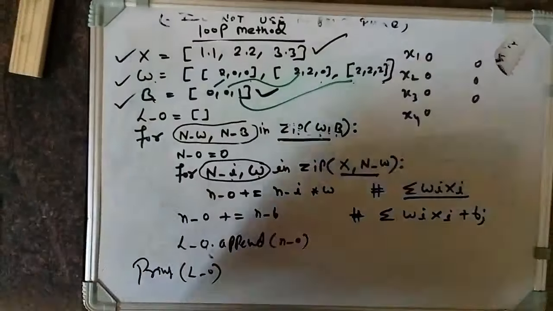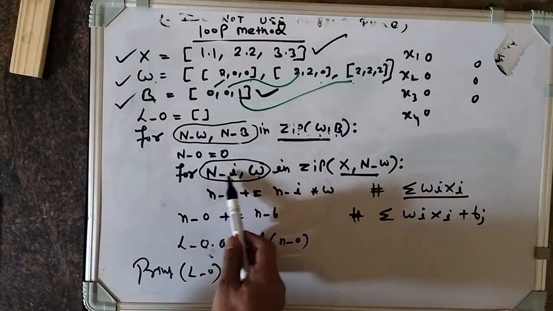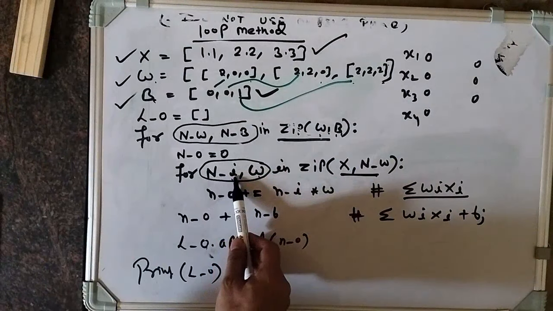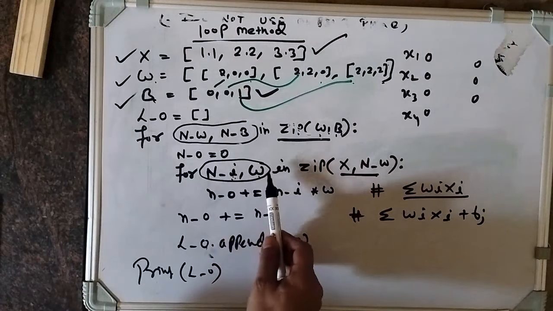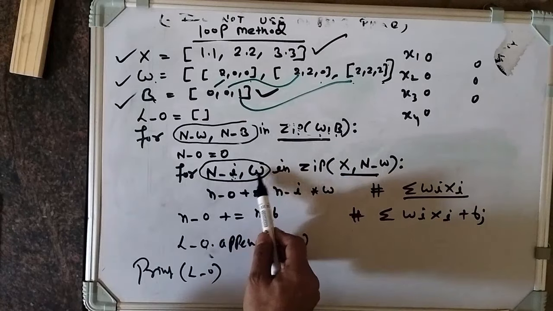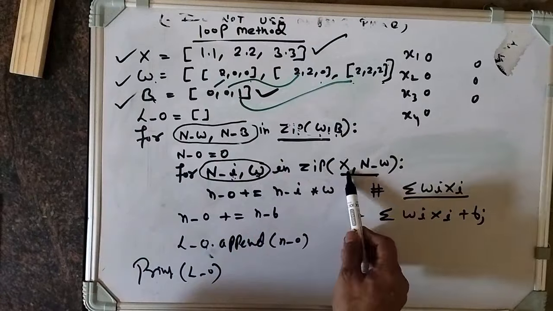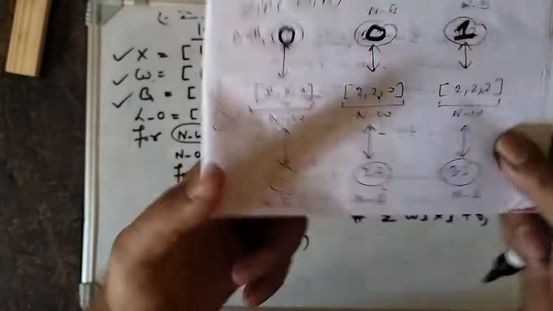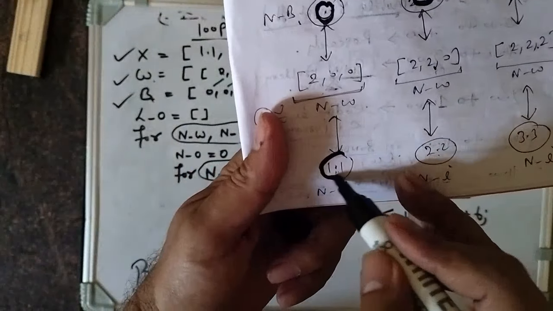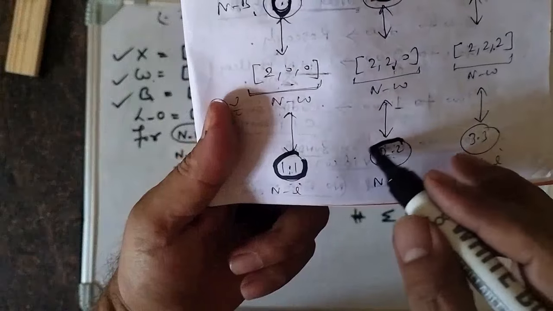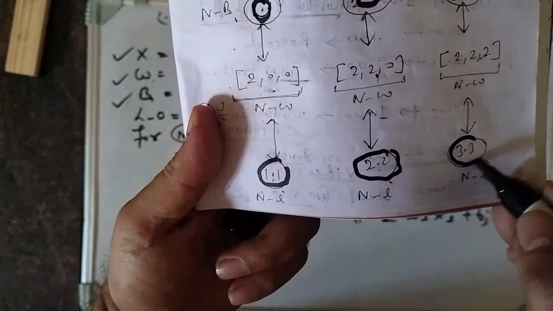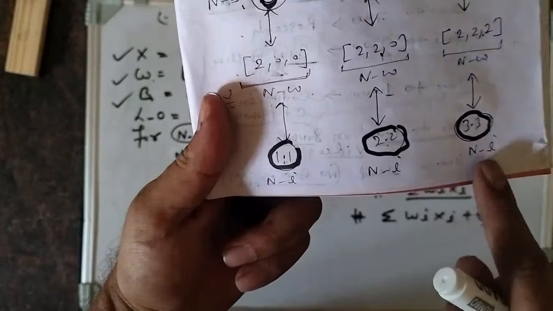Okay. Now next I am writing neuron input. Okay, this is another one, comma W. This is very important. I am zipping X and NW. X means input. This is your input 1.1, another input 2.2, another input 3.3. So this is neuron input.